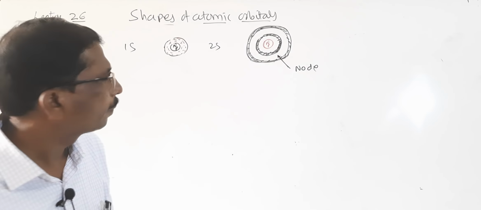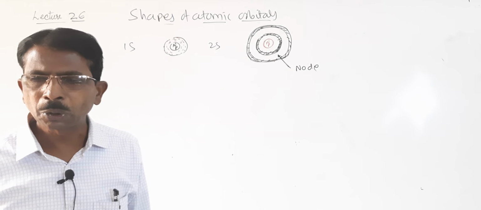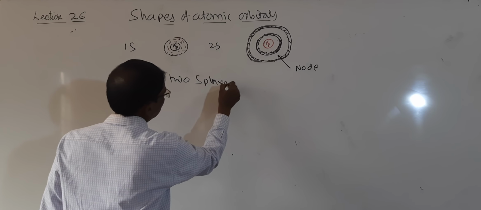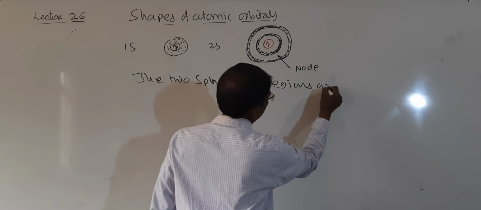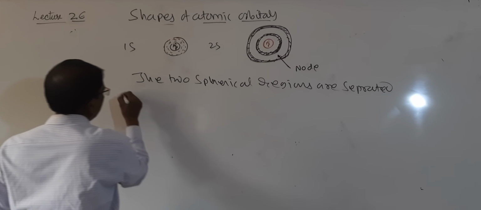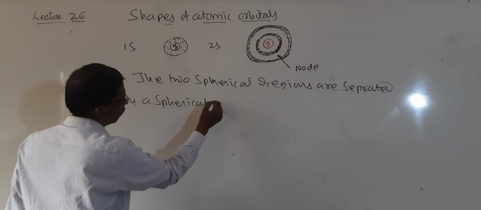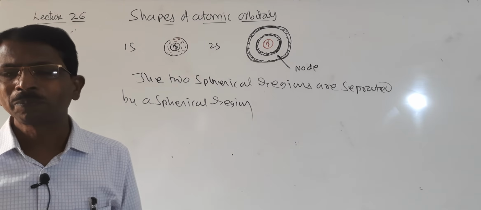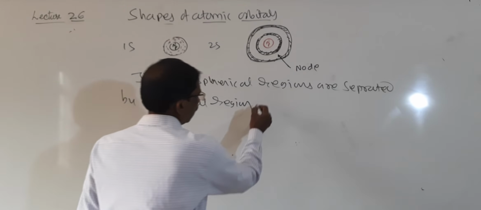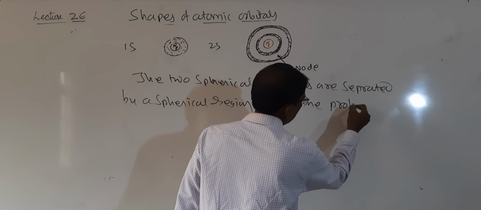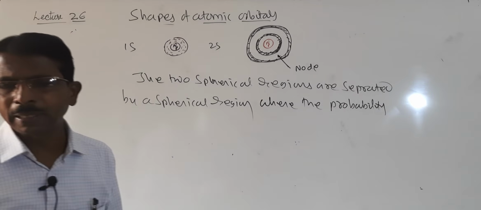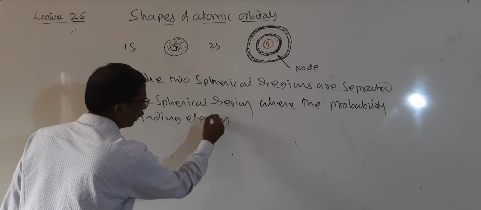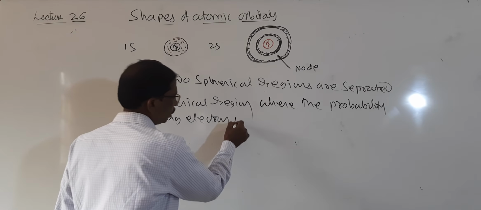Like this, it is also described as two spherical regions separated by a spherical region where the probability density, or the probability of finding an electron, is 0.